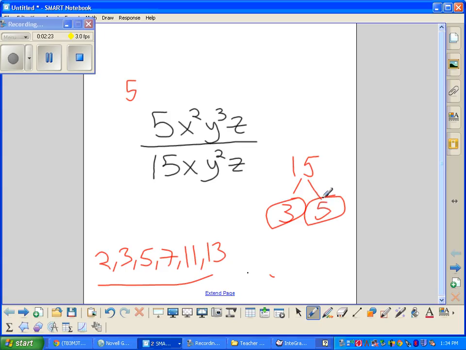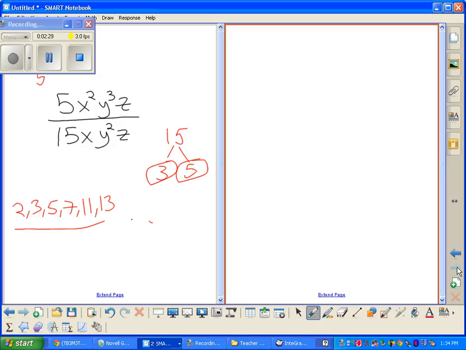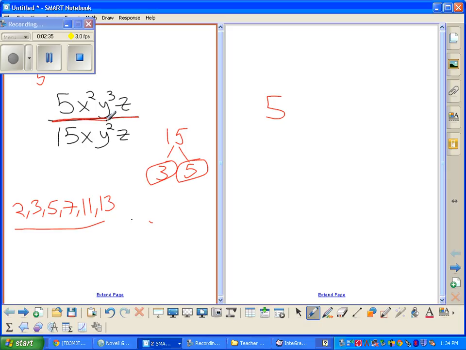So 15, I'm going to have to write this. I'm going to make this into a smaller screen so I have all my room. So I have the 5. I'm just going to rewrite this in smaller sections so it's on one screen. How many x's are in this one right here next to the 5? 2, right, Hannah? So I'm going to write xx because there's 2 x's.